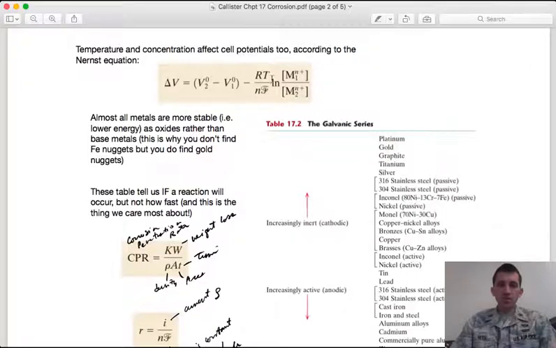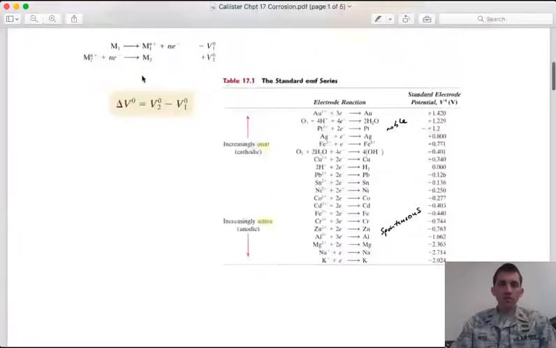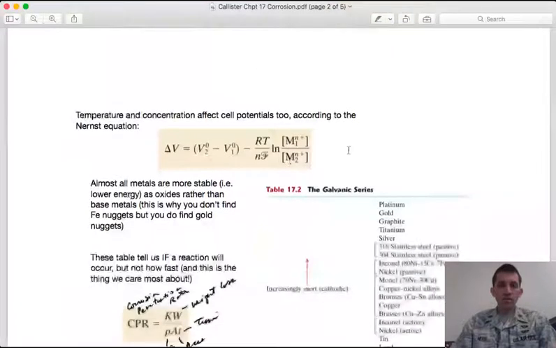This is a standard temperature. And then they have 1 molar solutions of both of the metals in both the half reactions. And so you have the natural log of, well, this is 1 over 1, which I think will cancel this term out. And so the delta V that you have up here, right, is just the Nernst equation, but with the standard conditions that cancel out this second term.